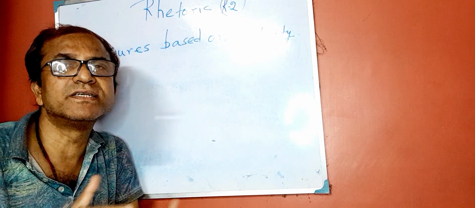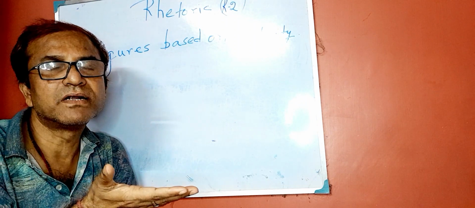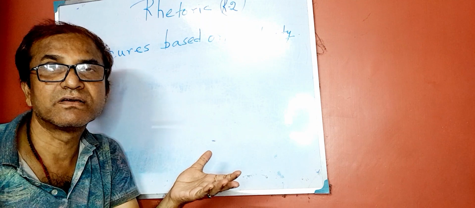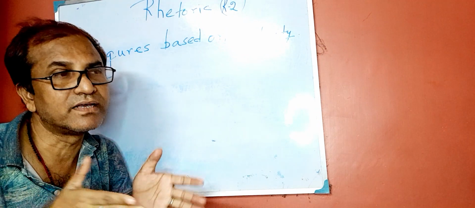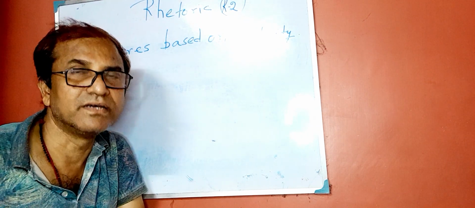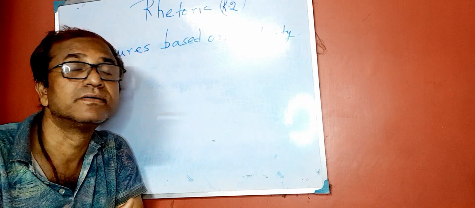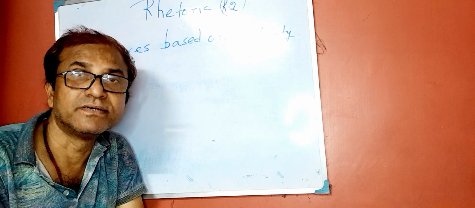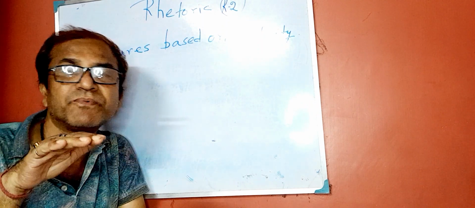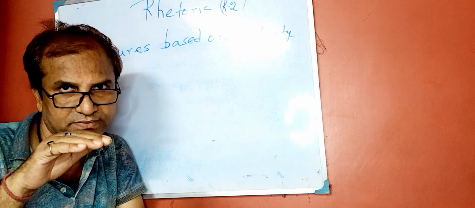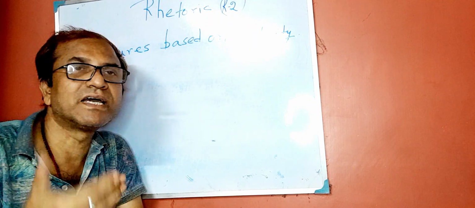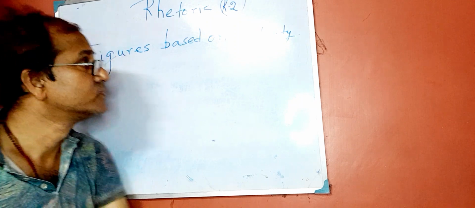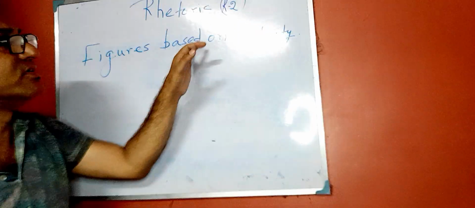When the mood is happy, they talk in allegory. But still, he doesn't know, she doesn't know that he has used an allegory. He has used a figure of speech. So it depends upon the mood of the speaker. Sometimes he feels sad, she feels sad. So, figures based on similarity.